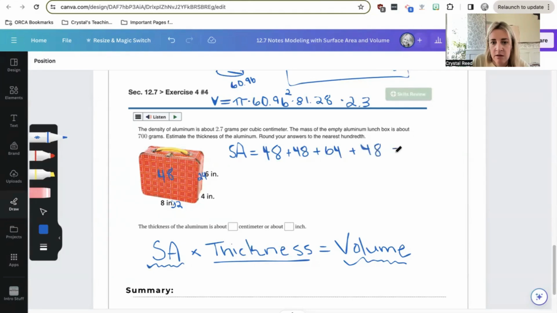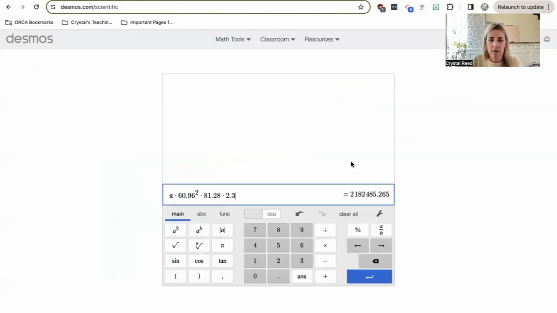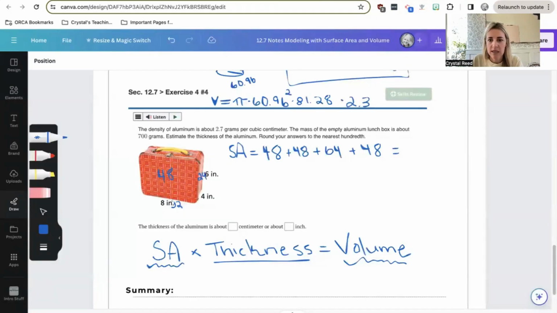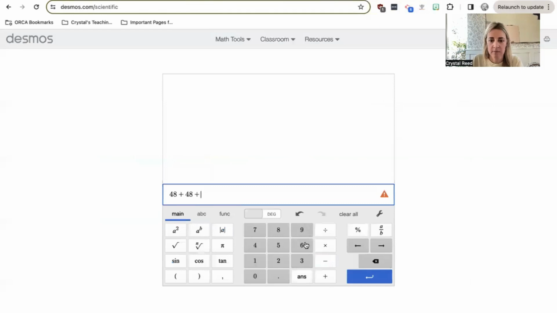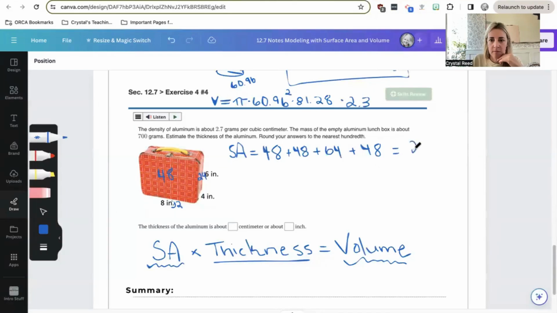So let's add those all up. 48 plus 48 plus 64 plus 48. 208. That would be inches squared. So that is our surface area, 208 inches squared.